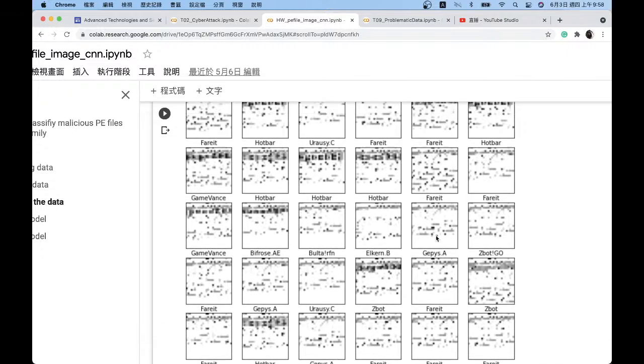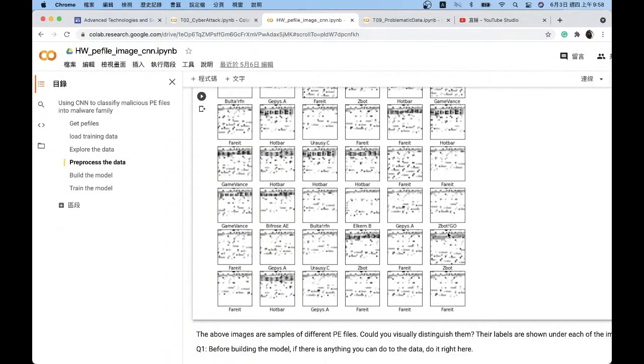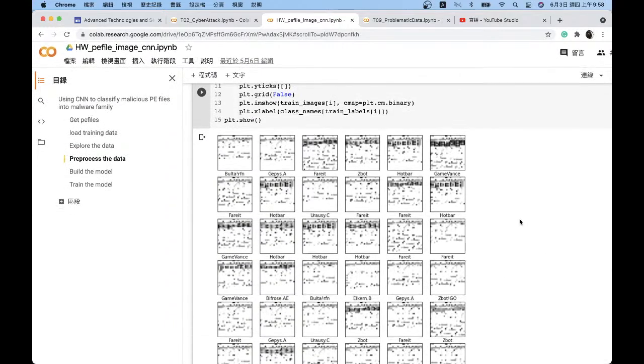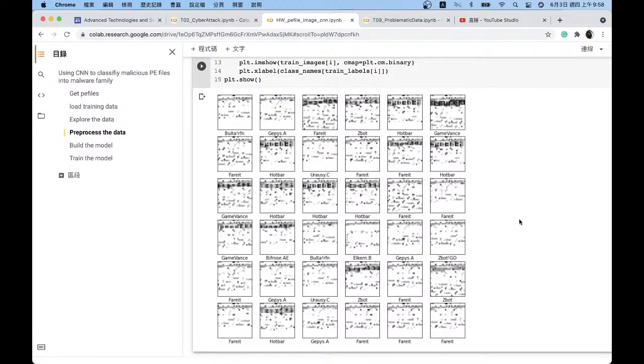However, if you take a look at other malware samples, it seems like most of the other variants in other families do not have such patterns. And if we use a convolutional neural network, we can find such a pattern in the Ferret family.